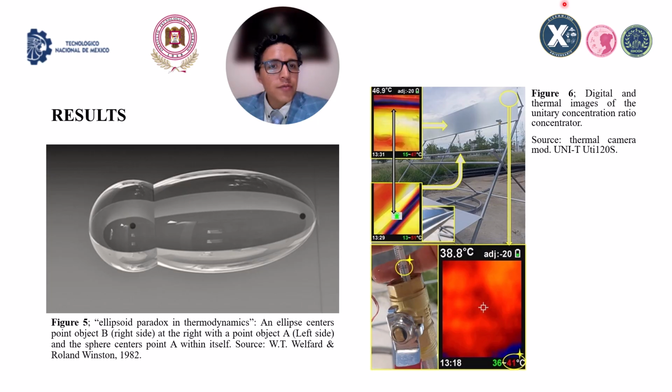The concentration ratio, remember, is unitary, as the gap from the theoretical concentration ratio is 0.4. Pay attention to the temperature equilibrium. When radiation is as normal as possible, reflective area at 41 Celsius degrees and fluid temperature at 41 Celsius degrees.